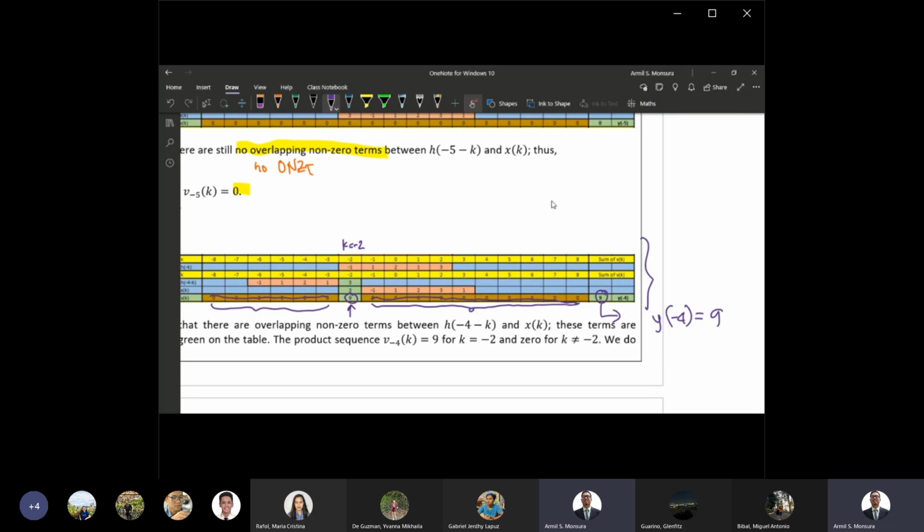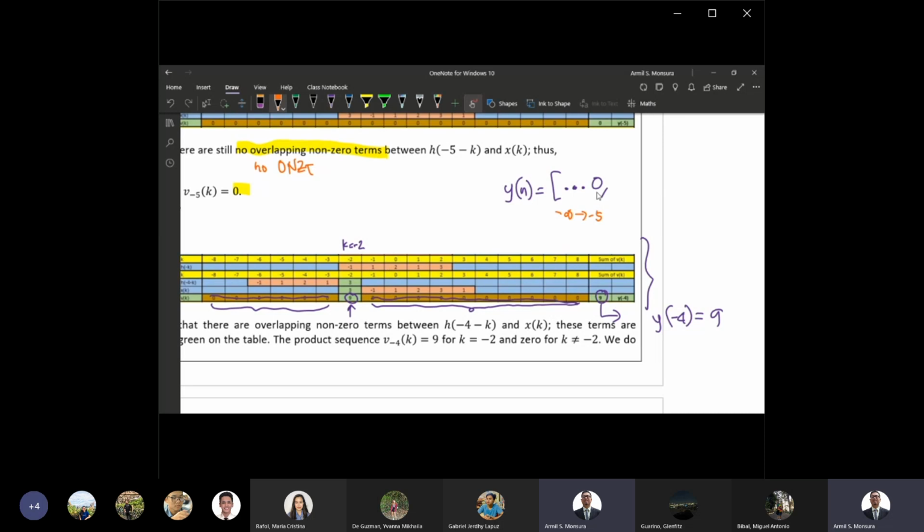So recall lang natin ang value nung y of n niyo. Ang mga signal values ng y of n niyo na na-obtain natin so far is 0 for n between negative infinity up to -5.